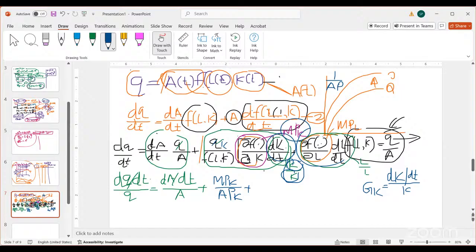similarly the labor, the marginal product of, sorry, I missed one part here.